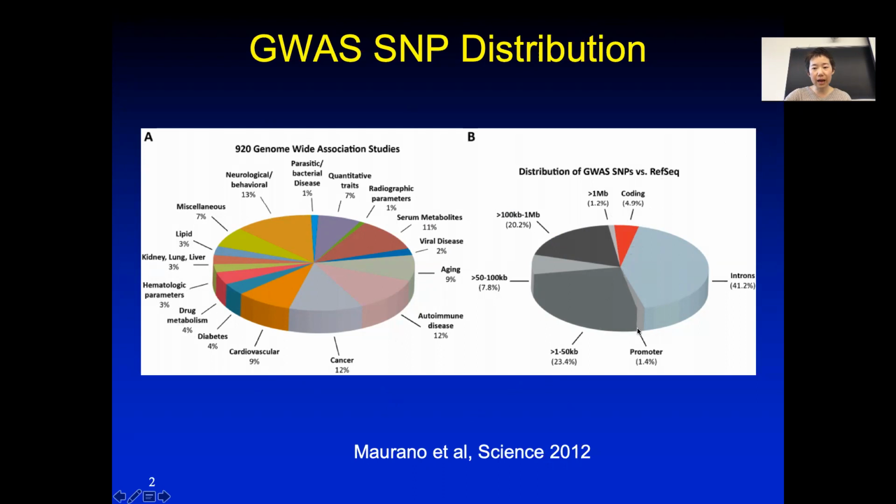A small percentage, 1.4%, land in promoters of genes, but most of these are in introns, like 40% of those GWAS hits, as well as regions within 50 kb, 50 to 100 kb, or even 100 kb to a megabase away from some genes. So a lot of these GWAS hits actually land in gene desert regions.